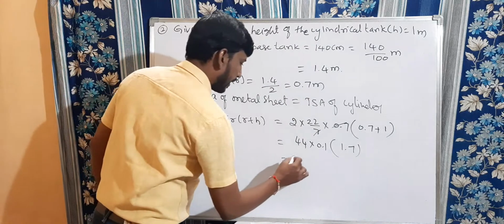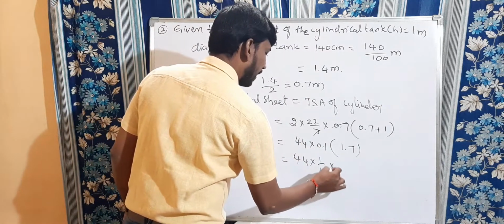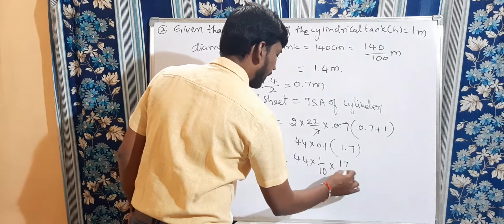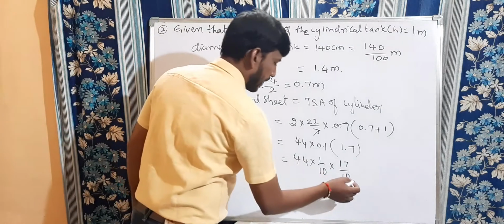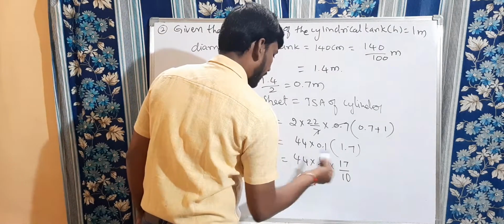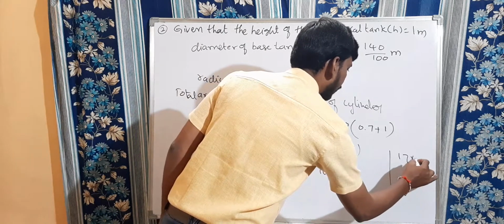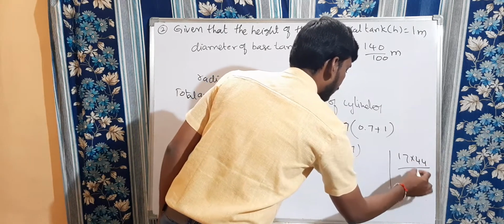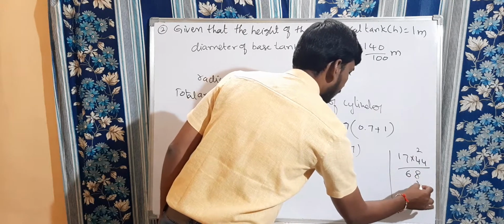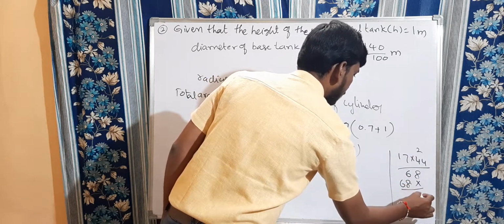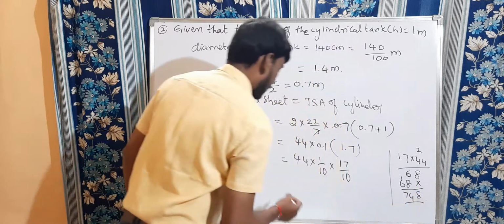So 44 into 0.1 is 1 by 10 into 1.7, which is 17 by 10. Clear? Is there any cancellation? Otherwise you just multiply 17 into 44. 4 7s are 28, 4 1s are 4 plus 2, 6, 8. Again 6, 8, 14, 748.